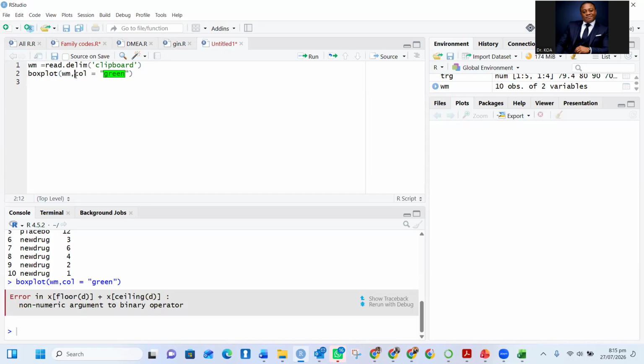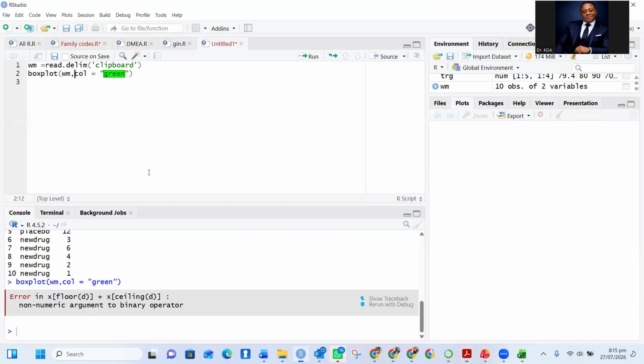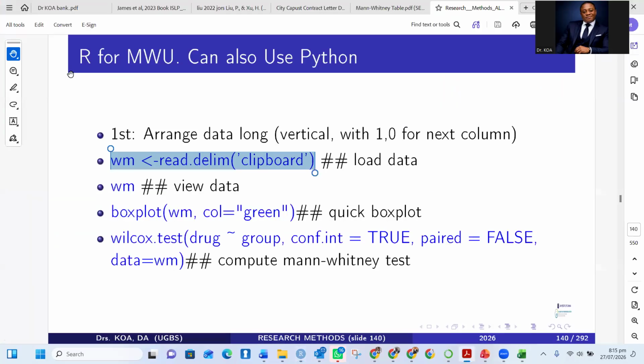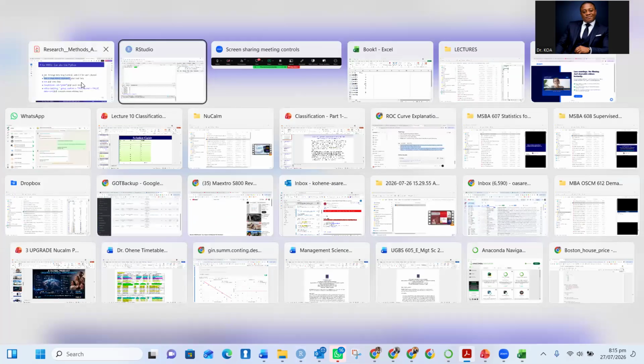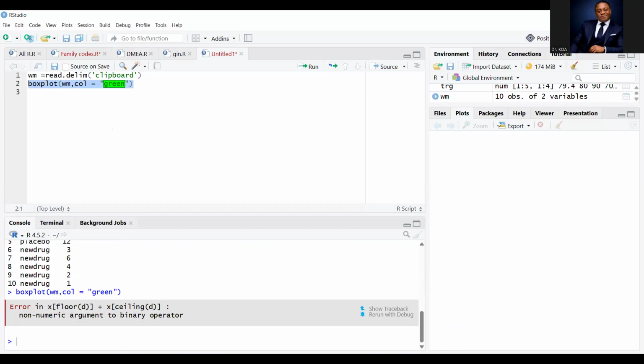Okay, so this one says there's a mistake. Let's see. For this thing to work, normally you have to attach the data. Let me just quickly check why.